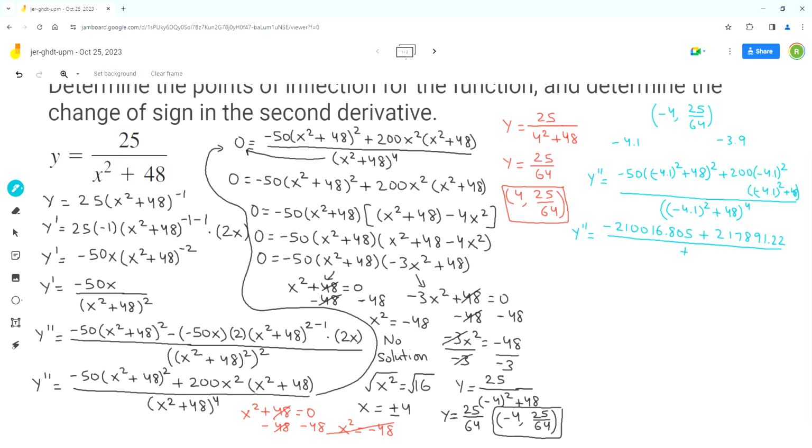So in the numerator also, we'll get a positive value. So positive over positive will give us an overall positive value. That means on the left side of this inflection point, the curve is concave up.